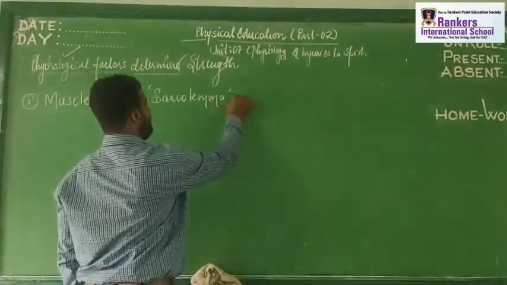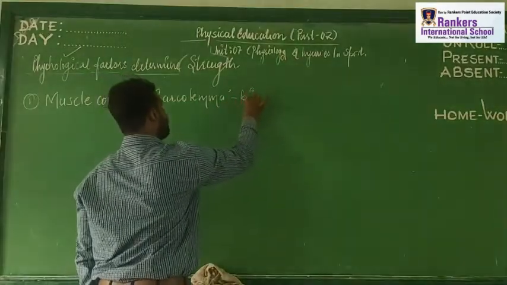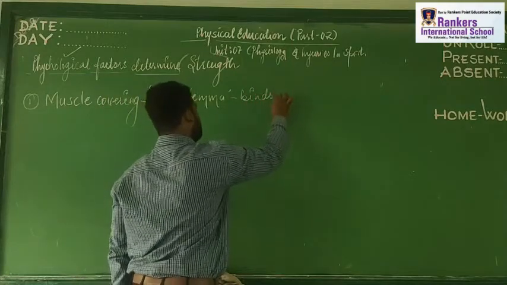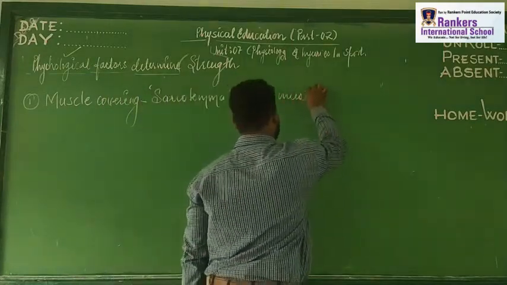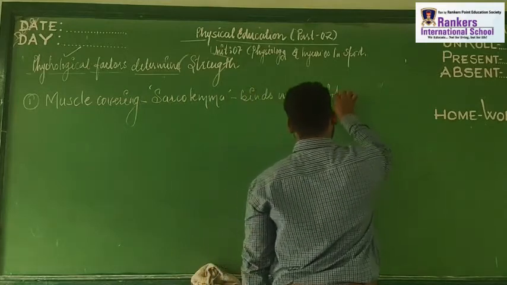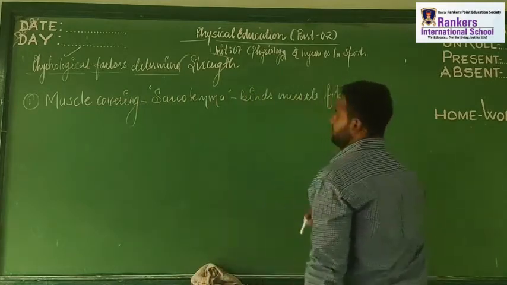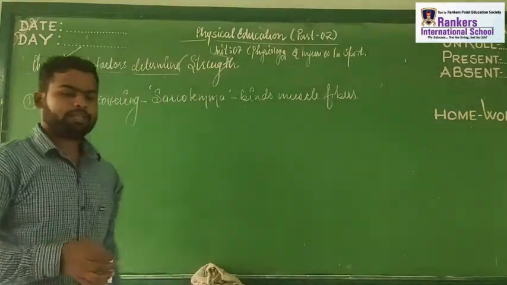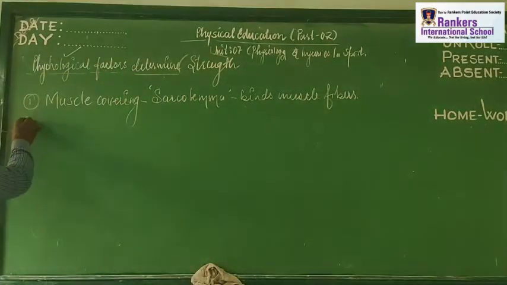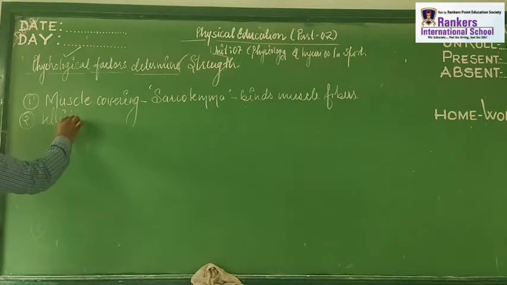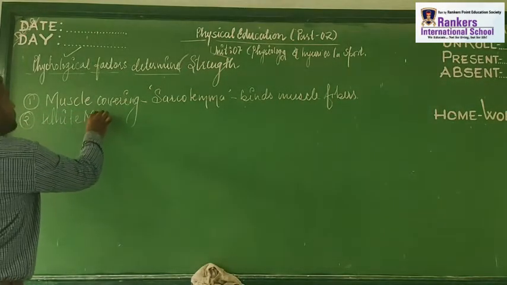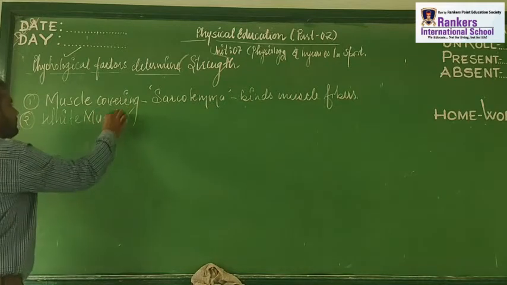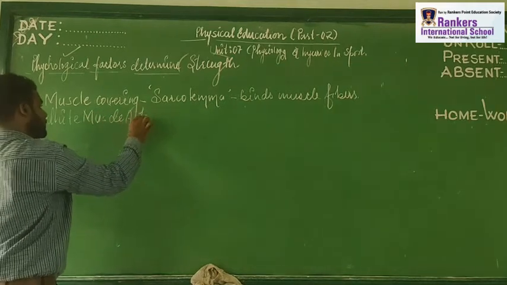It binds the muscle fibers to work together. So sarcolemma is very important to have in our body. Next, second, is white muscle fiber.